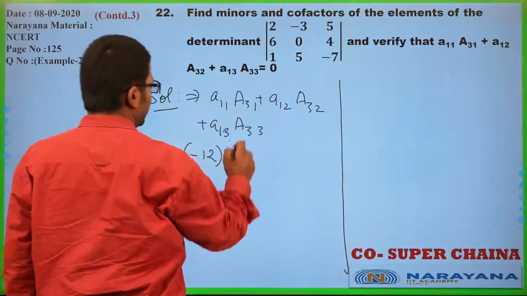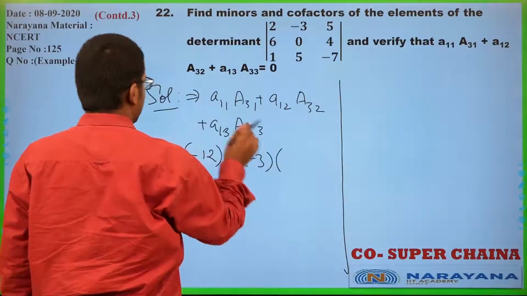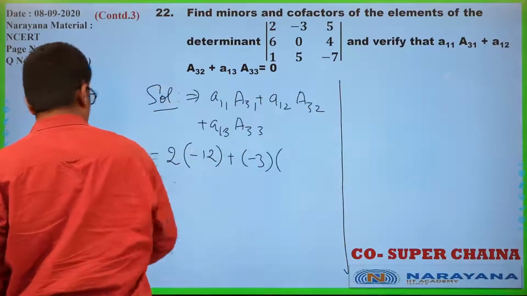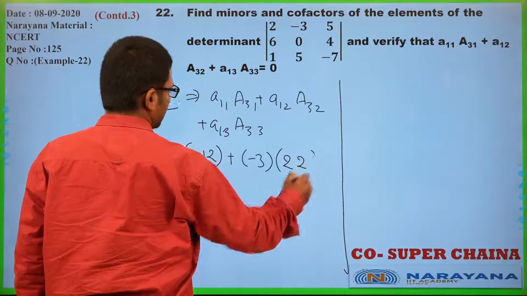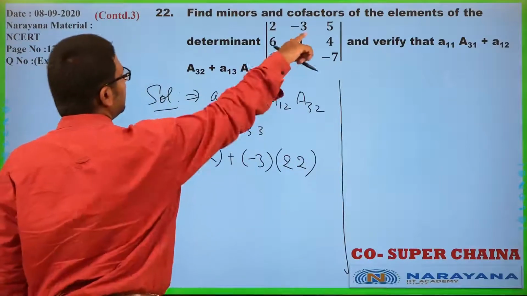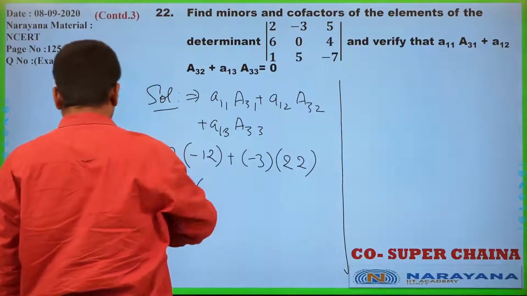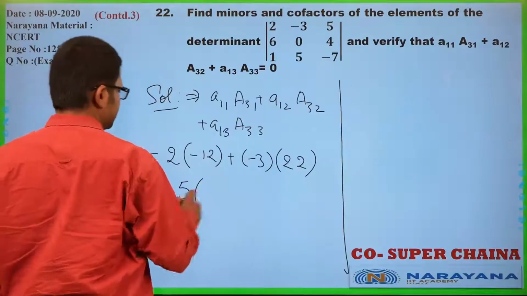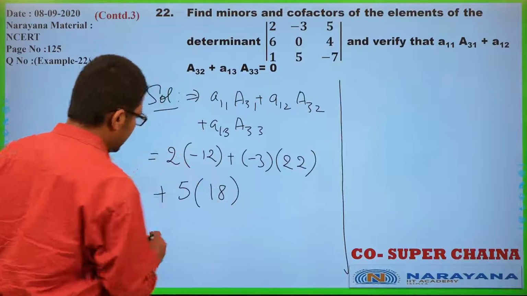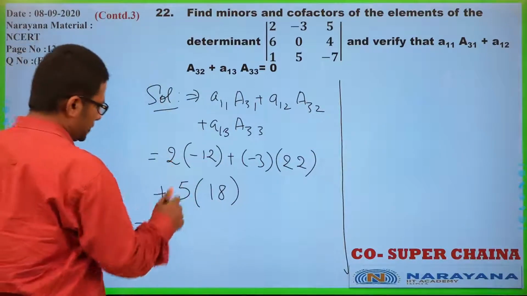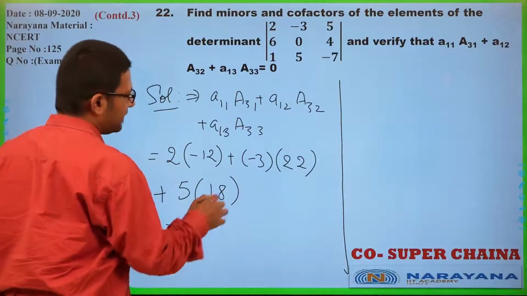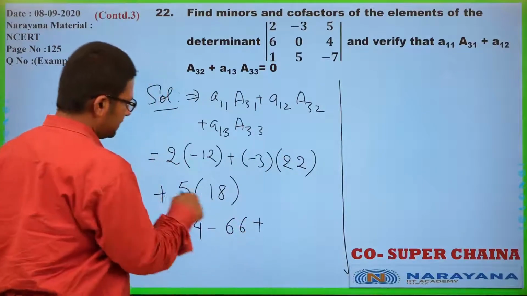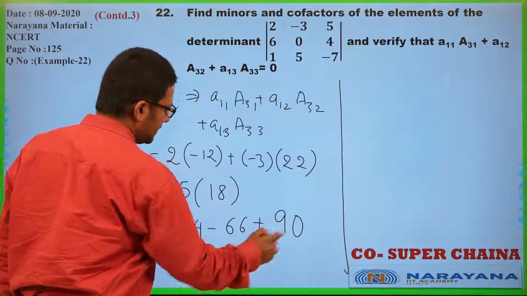Then a12 is minus 3 into A32, A32 is 22, plus a13 is 5 into A33 is 18, right? So that is 2 into minus 12 is minus 24, then minus 3 into 22 is minus 66, plus 5 into 18 is 90.